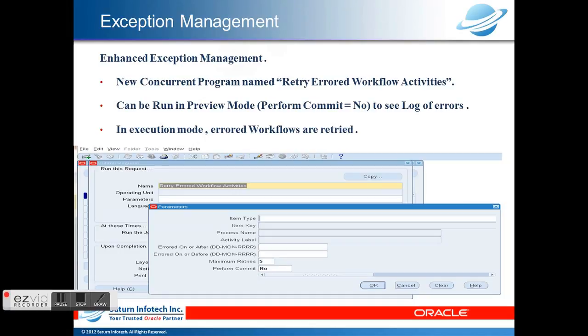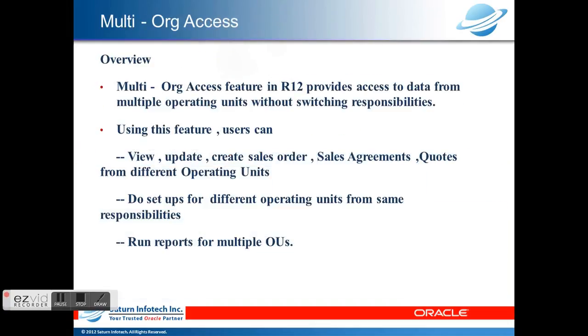So based on the preview, an IT person can use judgment and can run this program in an actual execution mode where perform commit is equal to yes, and this is a better way for the IT person to monitor their error workflows on a day-to-day basis. This program can be scheduled on a daily basis so that most of the error workflows can be retried, and business continuity is achieved. Okay.